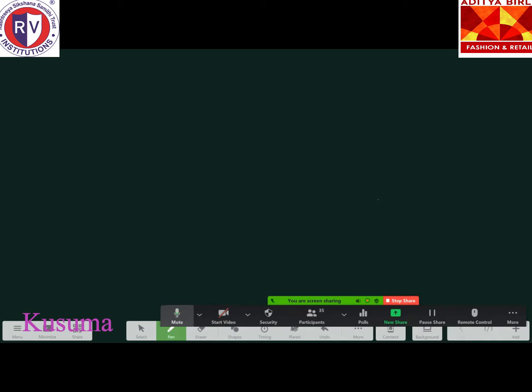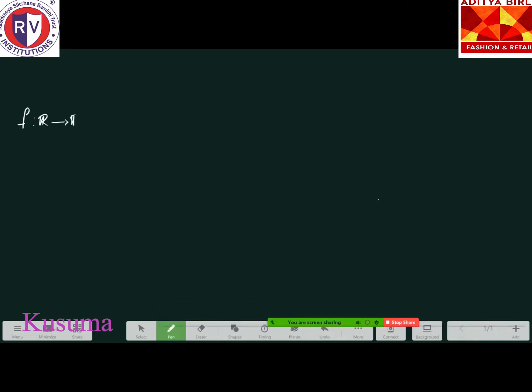Okay, so here, question number 28, the function f is given to be from R to R, that is, the set of real numbers to the set of real numbers, and the definition of the function is f of x is equal to 1 by x for all x belongs to R. The options are: A is onto, option B is not defined, option C is 1, 1, and option D is bijective.